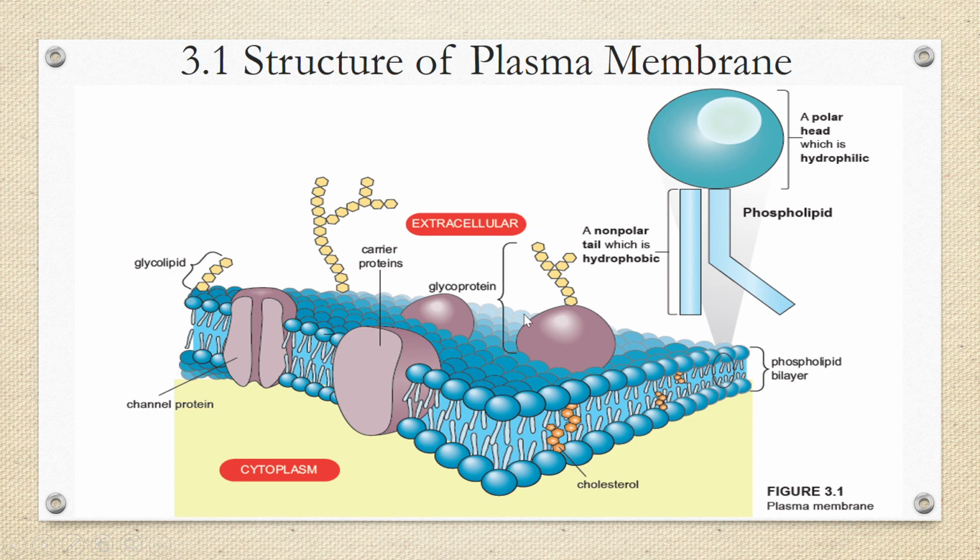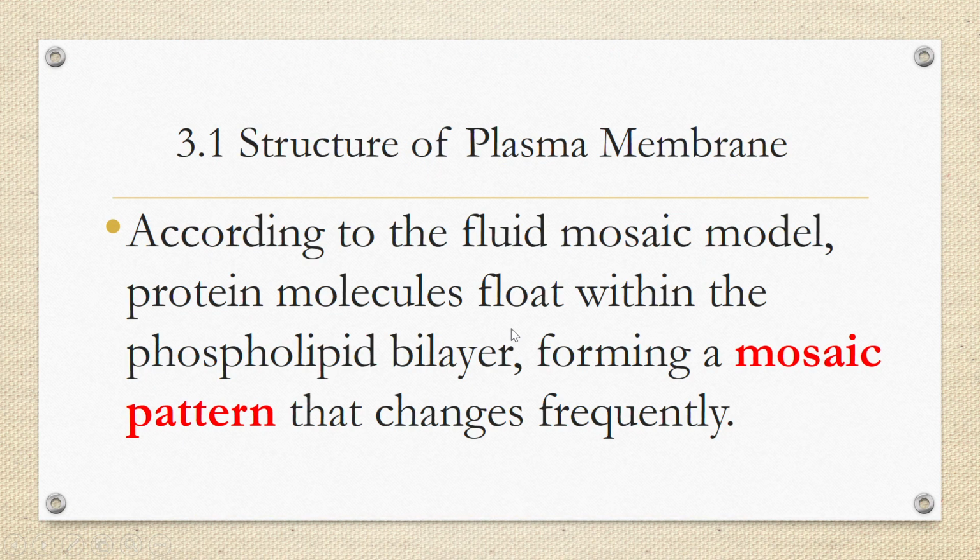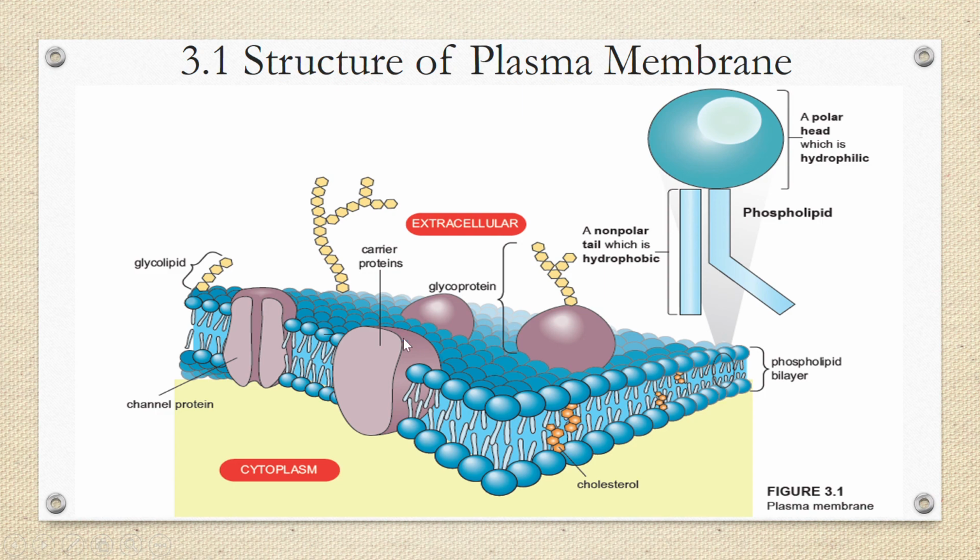So what are the main components that form a plasma membrane? As you can see right here, the blue thing. These are actually the lipid component, or the fats component. You call it the phospholipid.